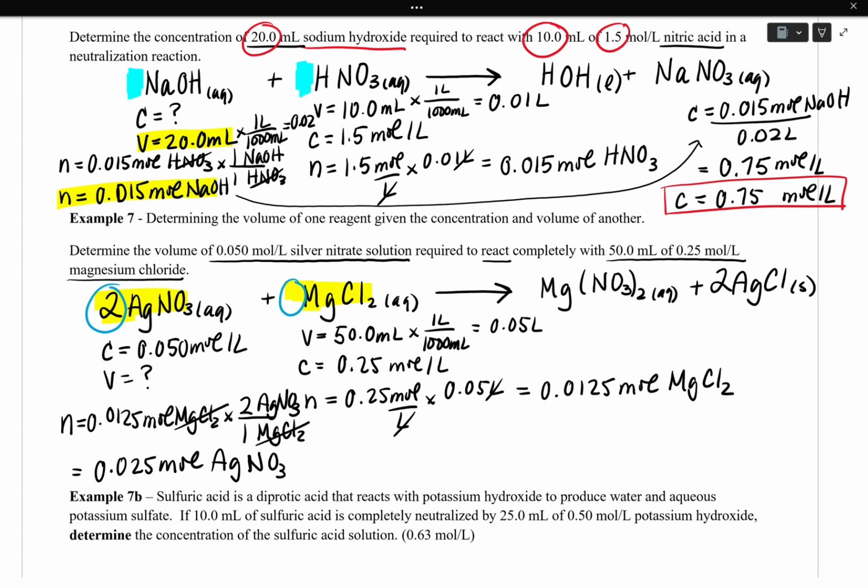And now I need to solve for volume. So if I want to solve for volume, and I know the number of moles, 0.025 moles, I'm going to take my concentration and divide by it, or multiply by the reciprocal.